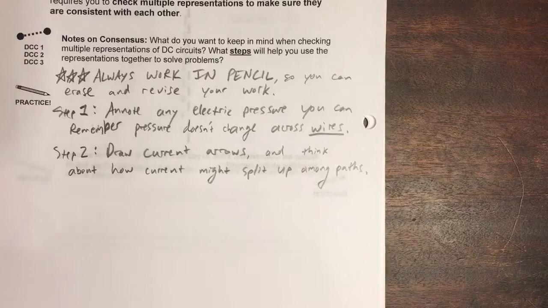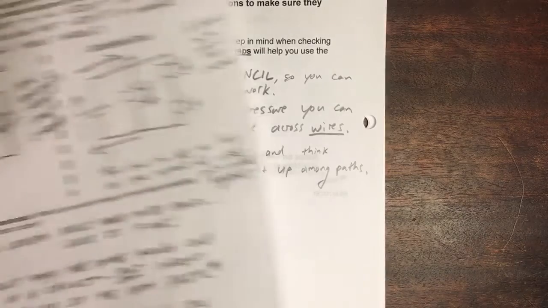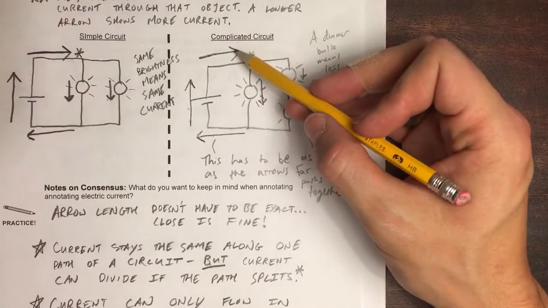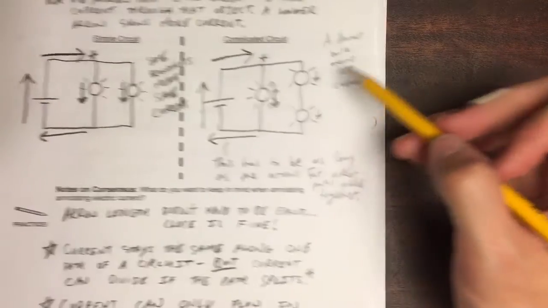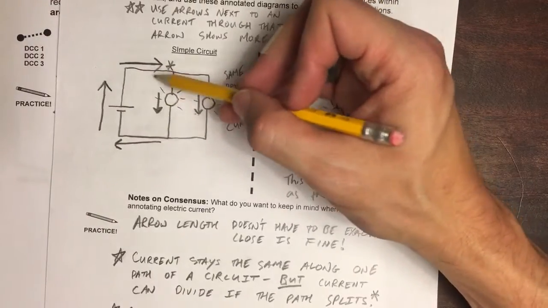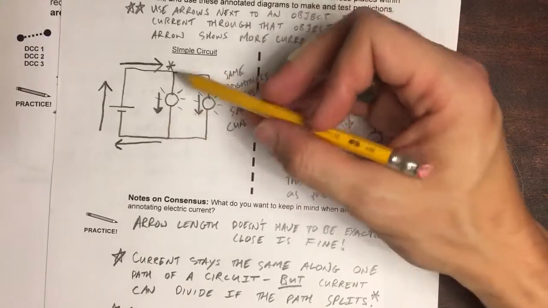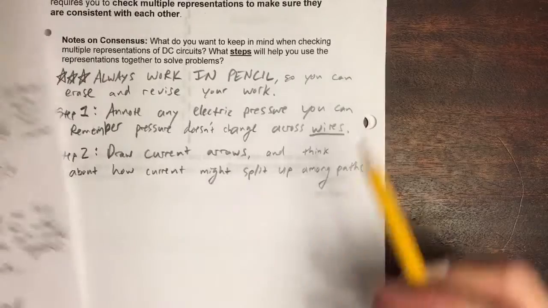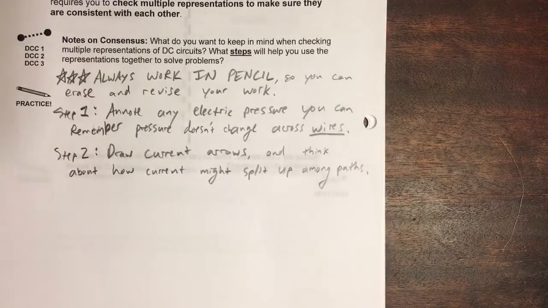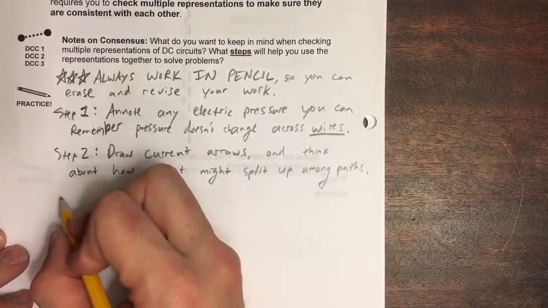In DCC 3, we saw current split up among paths. Some of the current went here, some of the current went here. Or in this example, half of the current went through one bulb on this path, half of the current went through another bulb on this other path. You need to pay attention to that when you're annotating current.